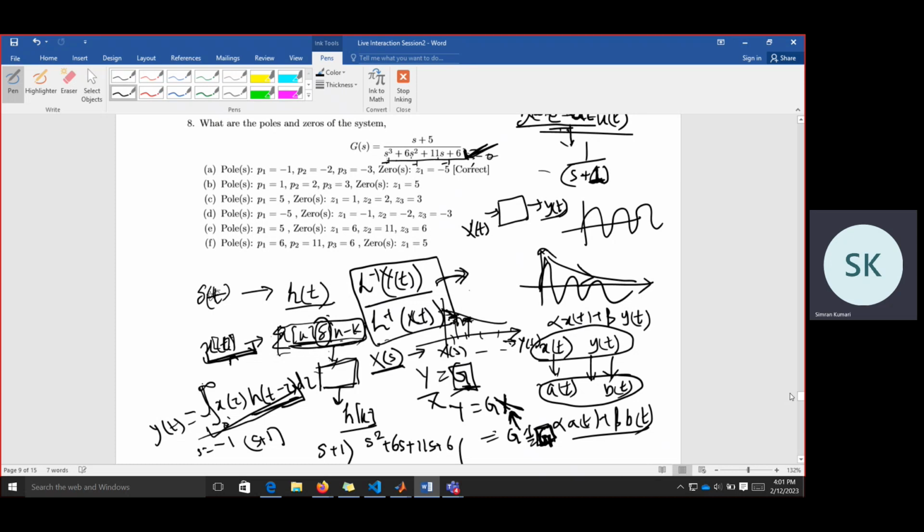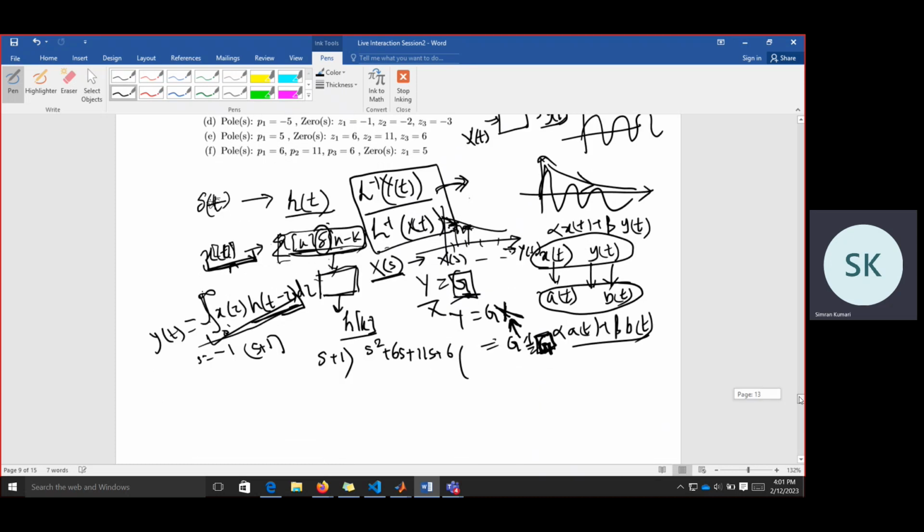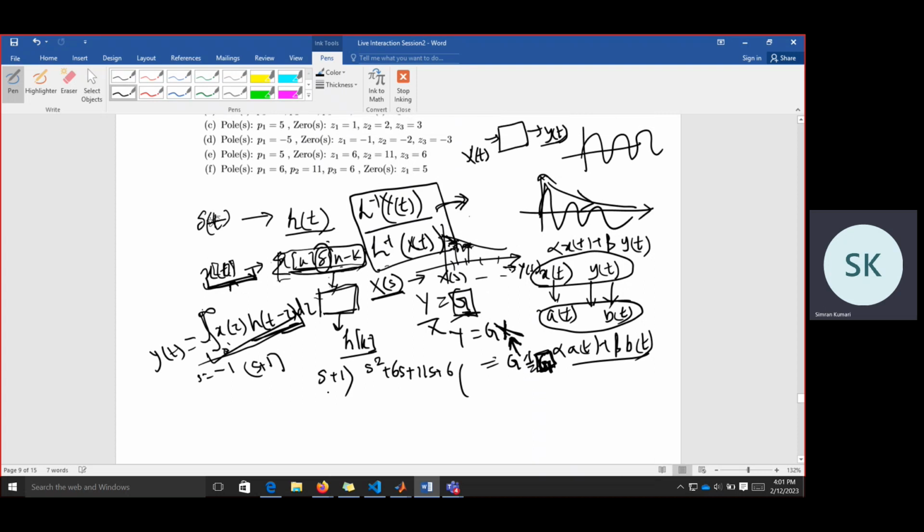And whatever you get will be a quadratic equation. From there, you have to factorize it and you'll get the other roots. This will be s plus 2, s plus 3. So the roots are minus 2, minus 3.